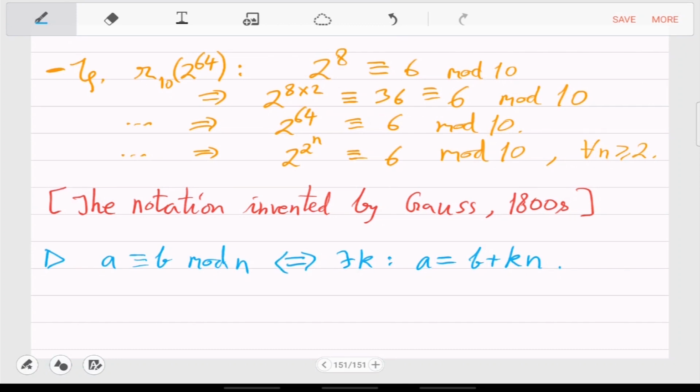So any number like B plus Kn, which is an arithmetic progression, if B and n you fix, then the whole arithmetic progression is being represented by B mod n. So B mod n, you can think of it as a set.